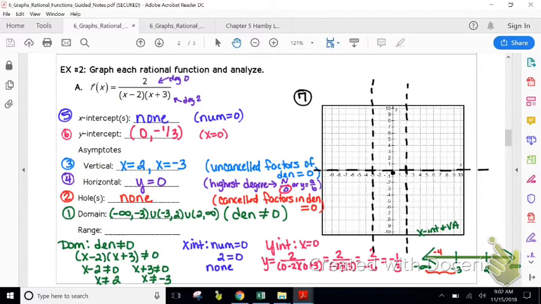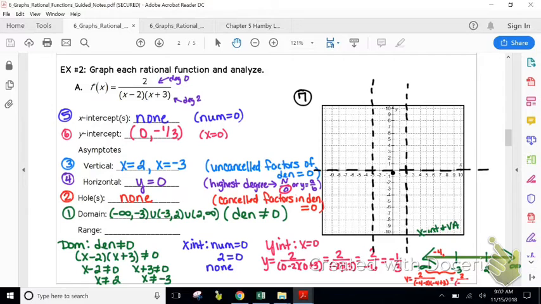It's an integer, but it's not drastic. It's not like -1 million. All right, so let's plug -4 into our function for x. So we get 2 over (-4 minus 2) times (-4 plus 3).